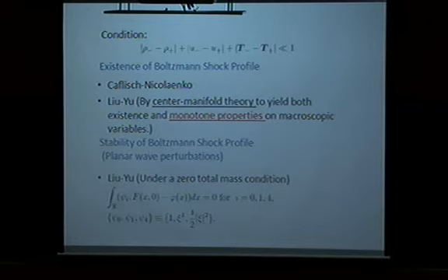The motivation for studying the stability of the Boltzmann shock profile is that we want to prove that the Boltzmann shock profile is a positive valued function. That's our ultimate motivation.